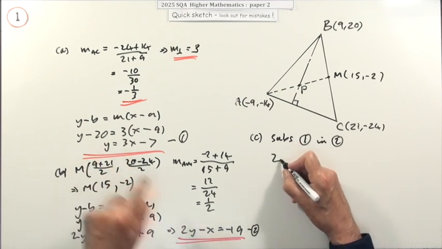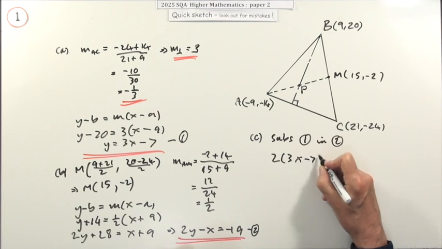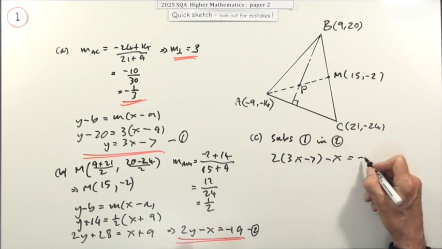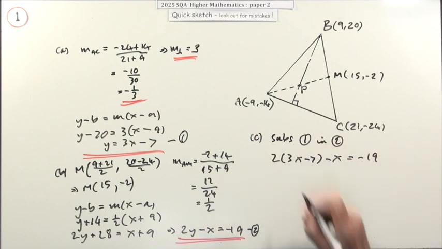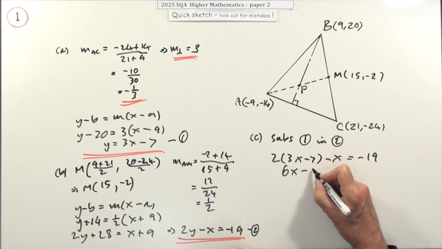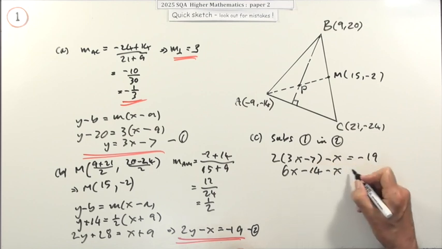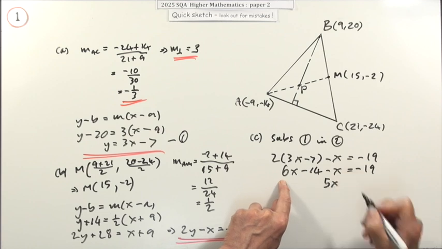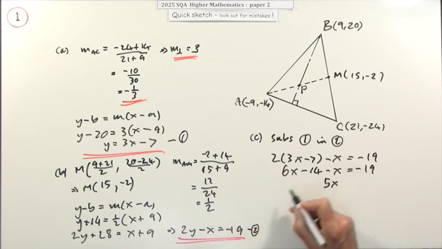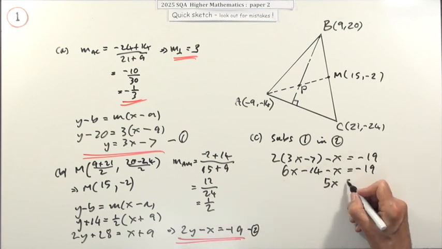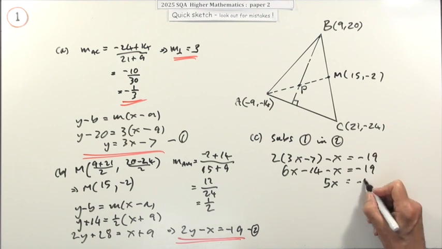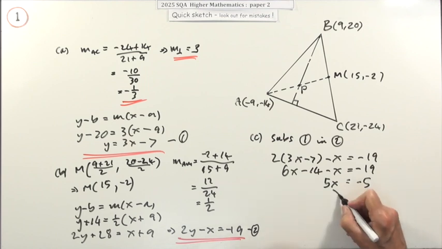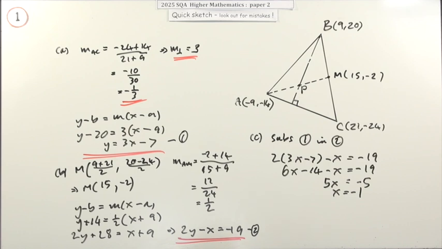So 2 times, not y, but 3x minus 7, minus an x is negative 19. 6x minus 14 minus x is negative 19. So that gives me a 5x, that'll be plus 14, which leaves you with negative 5. And then finally x equals negative 1. So that's the x coordinate.